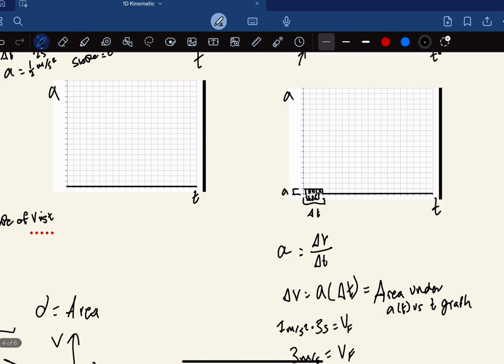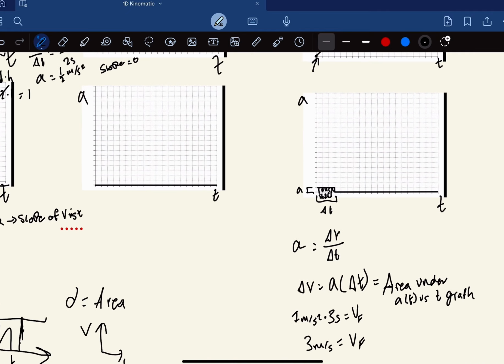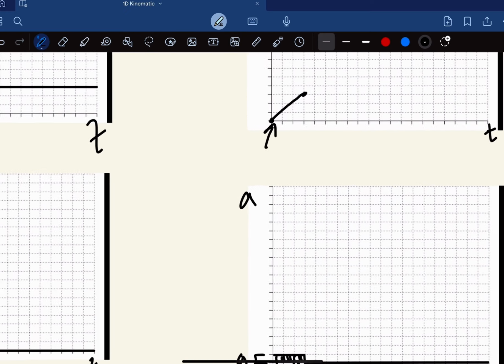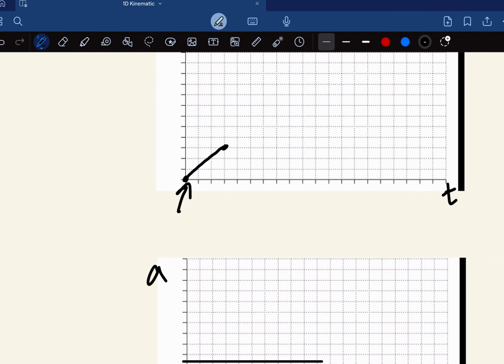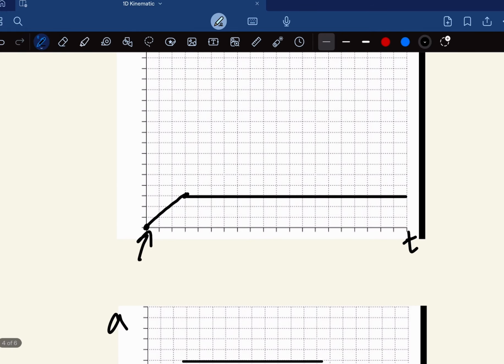And then once our acceleration has reached 0, that means that no more area is being added under this curve, so our velocity is constant. So that would mean that the slope of this graph must be constant as well. So we can draw a straight line for the rest of this interval. And that is our v versus t graph.